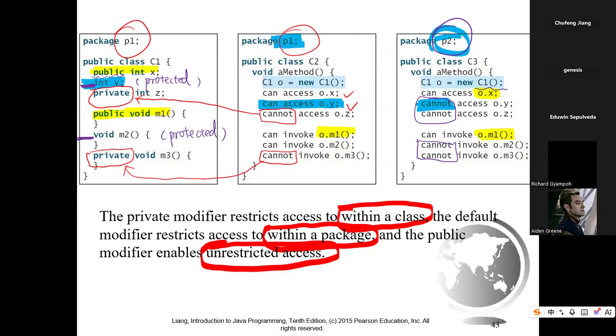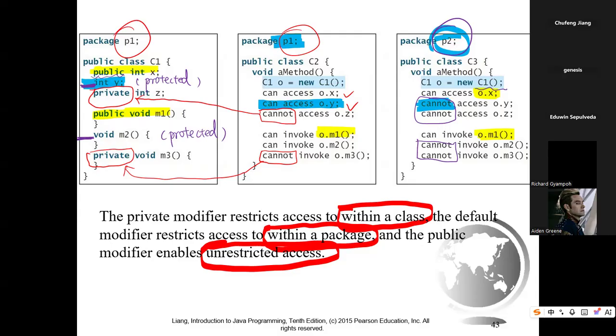So how can we access the data and methods of the C1 class? Suppose we have a C2 class within the same package as C1. They are both in package one. Here we can create a C1 instance and access the variable x directly, no problem.